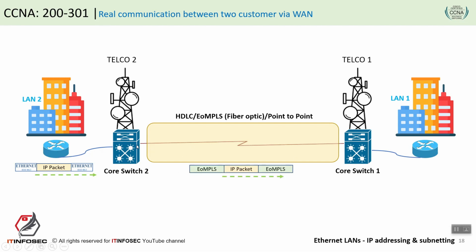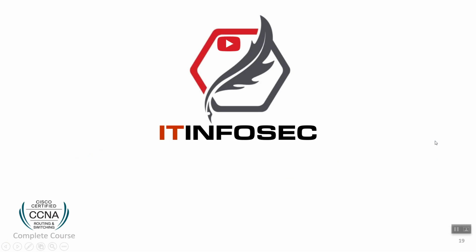Between the telecommunication switches and routers, they exchange the headers of the packet from Ethernet to EoMPLS, or Ethernet over MPLS, and it is received by the destination local telecommunication, changed back into Ethernet, and received by the destination router and the destination LAN.